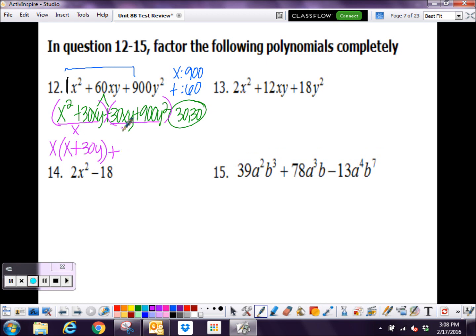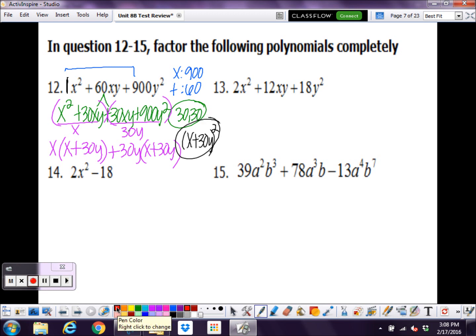I'm going to take out a 30 and a y here. If I take that out, that leaves me with x plus 30y. So my answer here is x plus 30y. And since both of these are the same, I'm just going to say squared. Or you can say x plus 30y and x plus 30y. But since they're the same, that's probably what you'll see on the answer key.